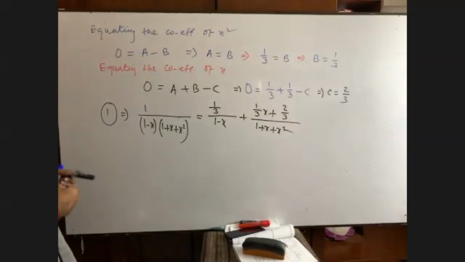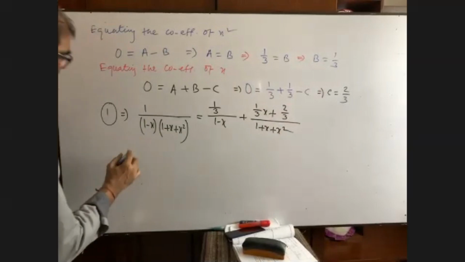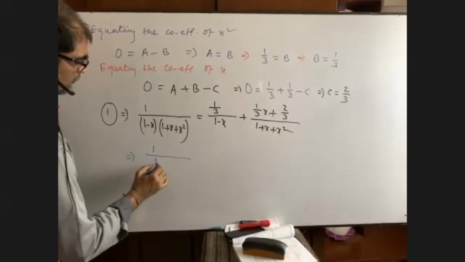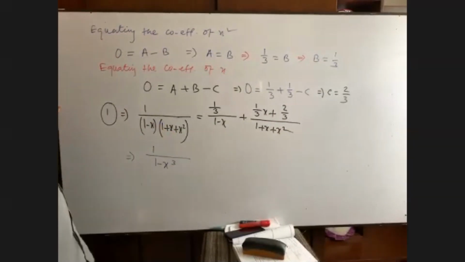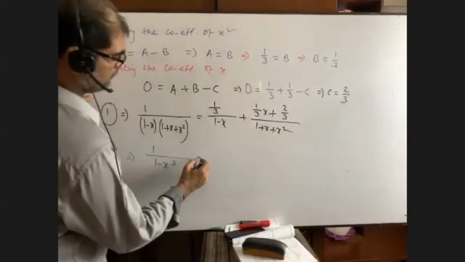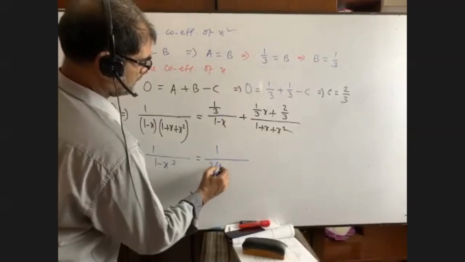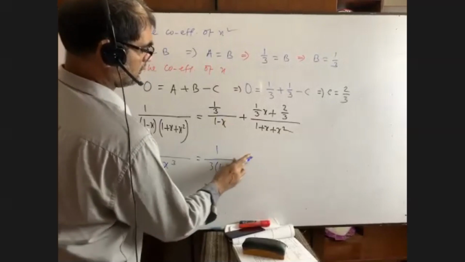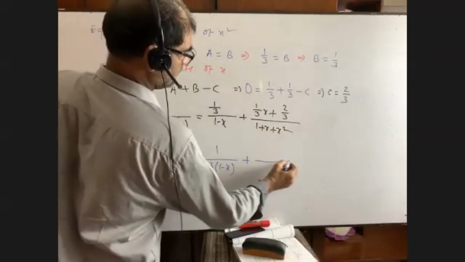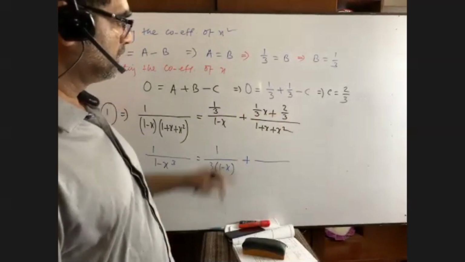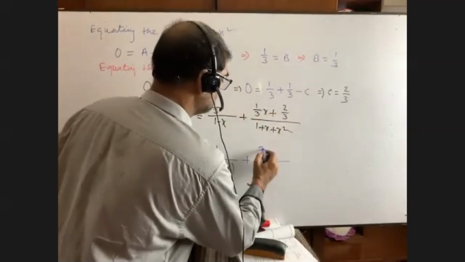Now from here we can write down, implies that it is actually what? 1 minus x cube. 1 minus x cube is equal to, it is what? 1 by 3 into 1 minus x. It is plus, you see, we can take 3 LCM in the numerator and we are left with only x plus 2.